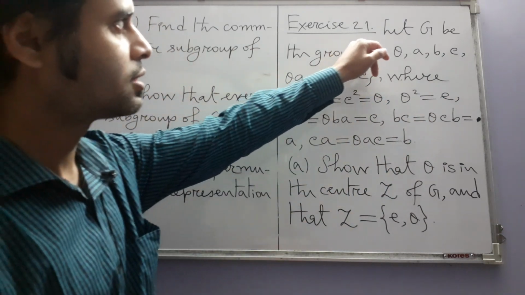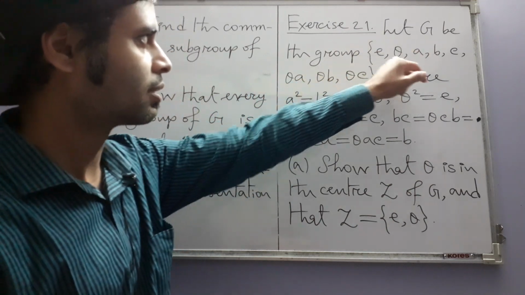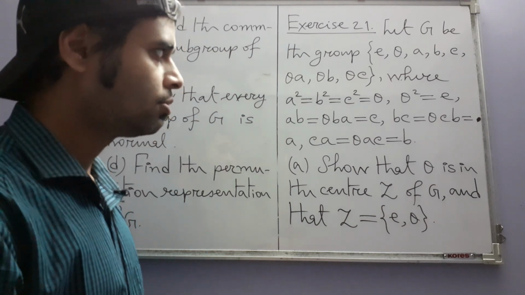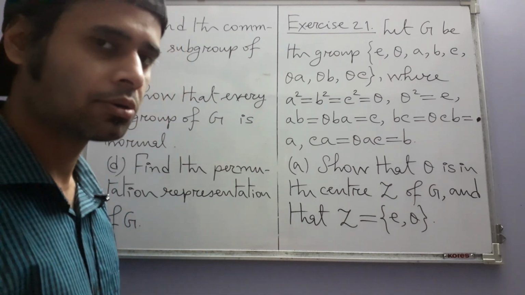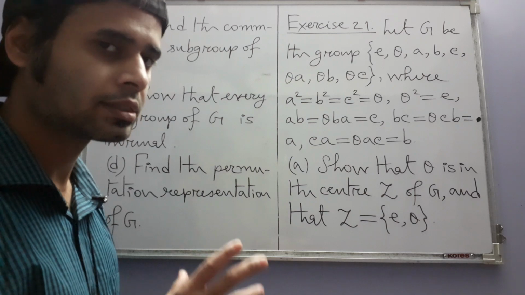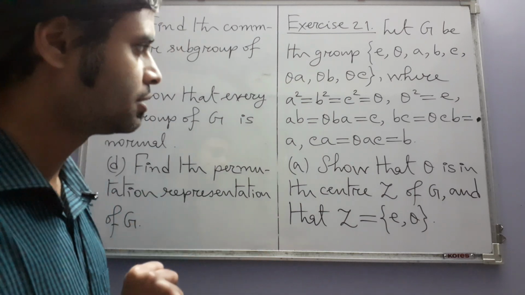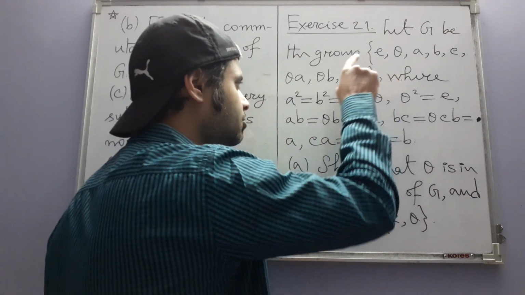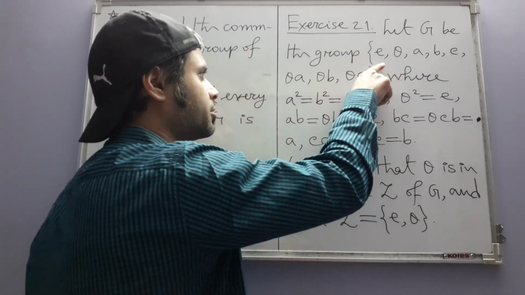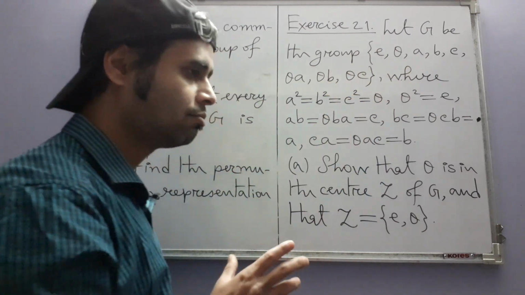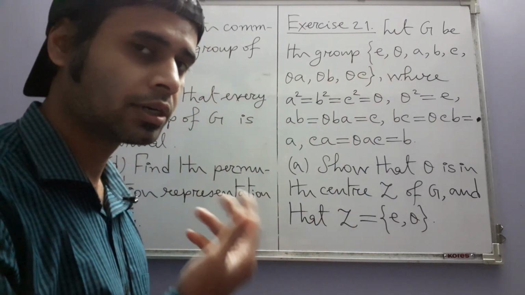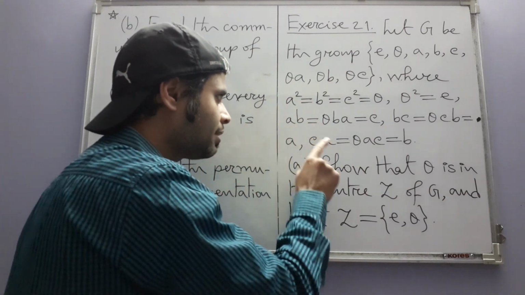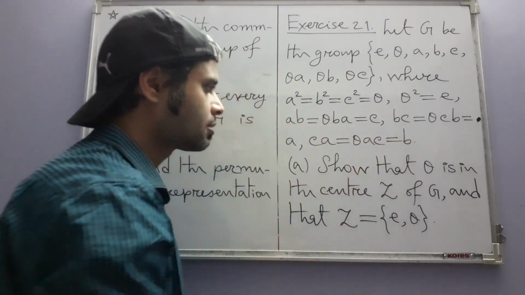Although the author is casually writing let G be the group in which these things happen, what we really should do for our own sake, if we are really serious and we want to know really about these things, is to actually introduce a binary operation on this set of symbols that will first of all turn it into a group. That is the first thing, and such that in that group these relations are true.